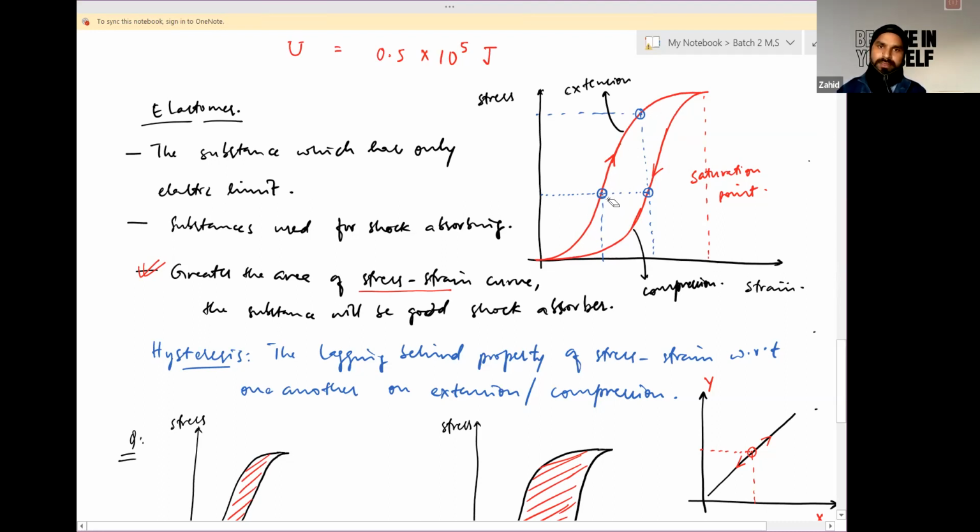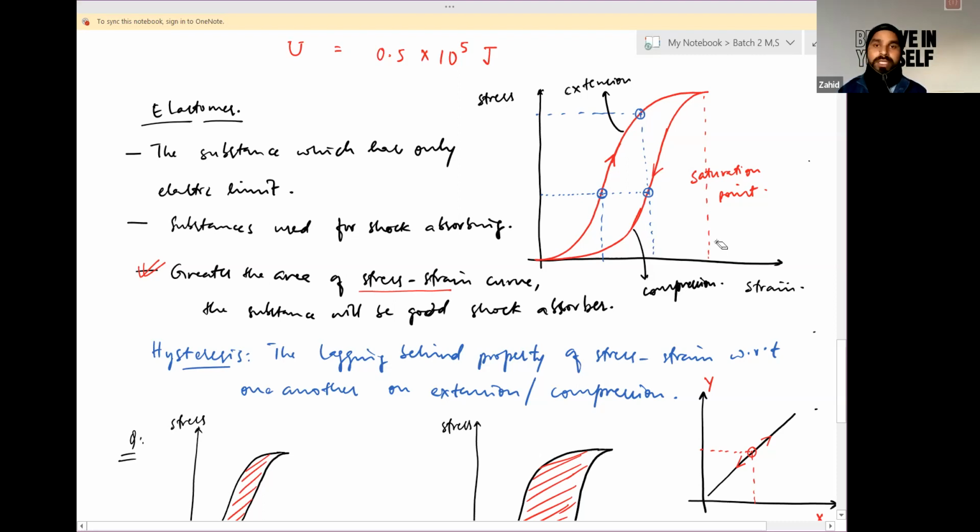While extension, stress is at this point and strain is at this point. But while compression, for same stress, strain is at this point, which is slightly different from this point to this point. Similarly, you can say for the same amount of strain, there is difference in stress. Initially, it was at this point, but now it is at this point. So you'll say stress and strain are not increasing and decreasing in same manner.